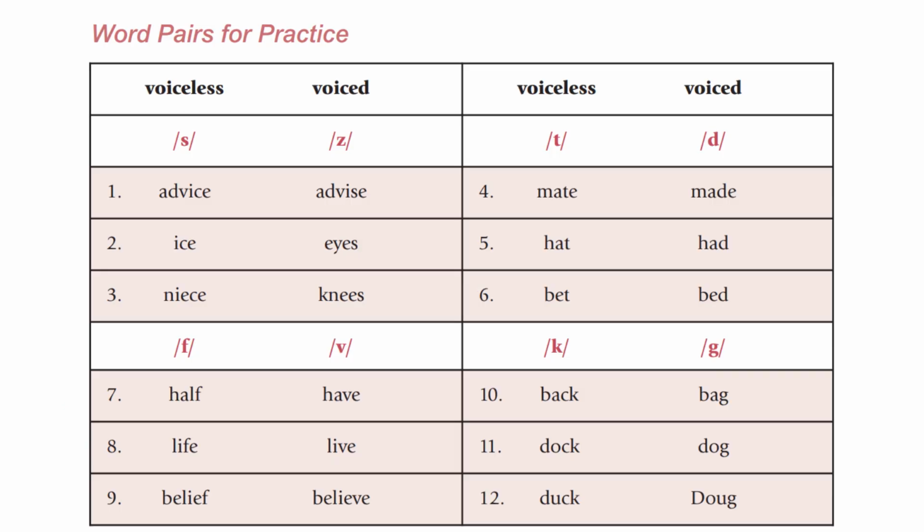Voiceless and voiced consonants. Word pairs for practice. The first word of the pair ends with the voiceless consonant and the second with the voiced one. Notice the difference in vowel length. S, z. Advice, advise. Ice, eyes.